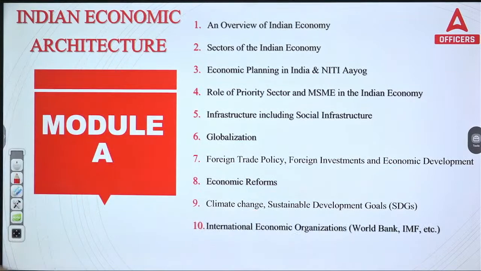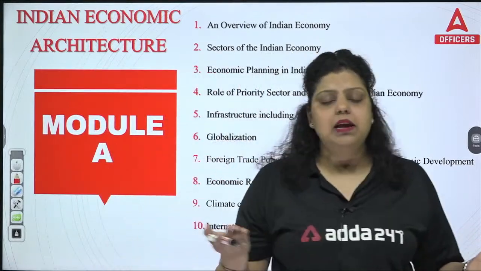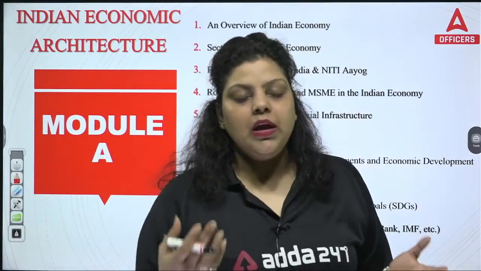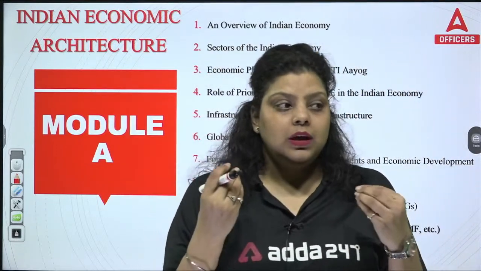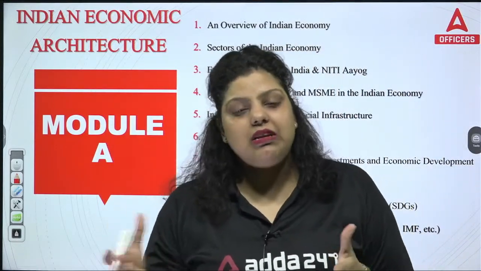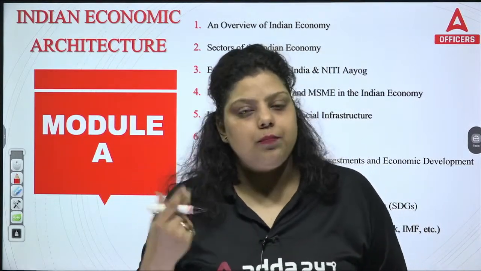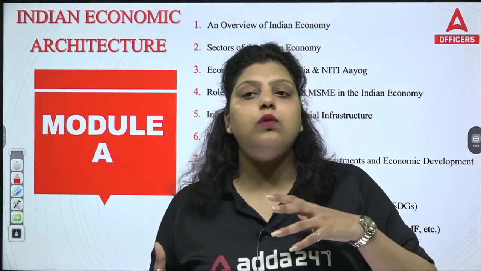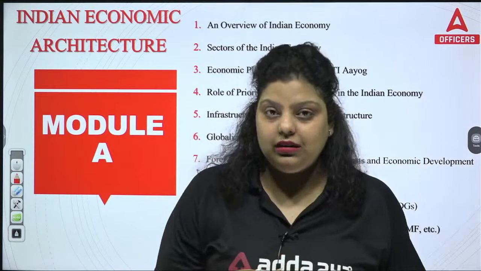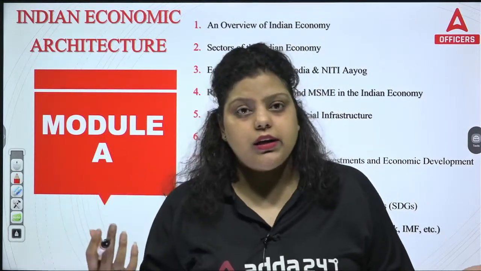Then after that, International Economic Organizations. In the growth of any country, all the international organizations somehow contribute. Like in 1991, if the IMF and World Bank hadn't given the loan to India, India might at that time have been known as a defaulter country, because there was a lot of loan on the government of India taken from other countries and international organizations.